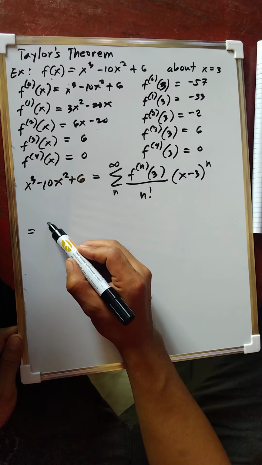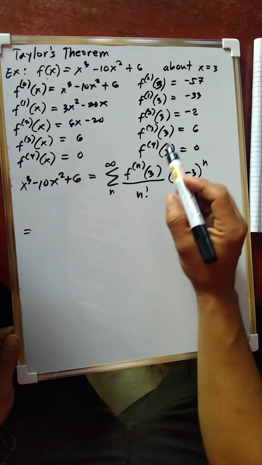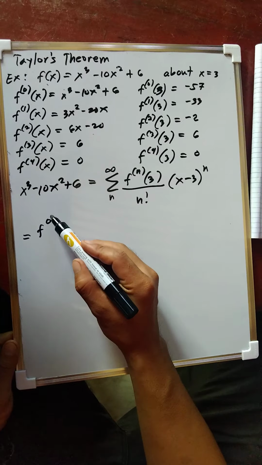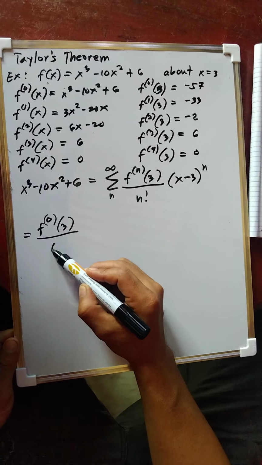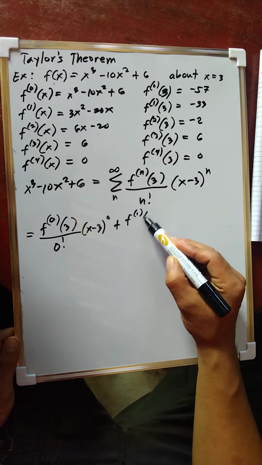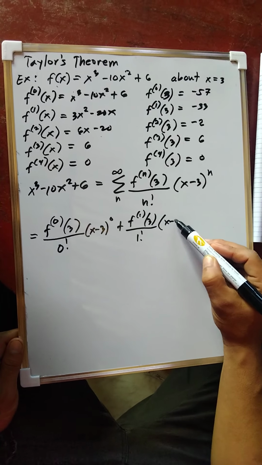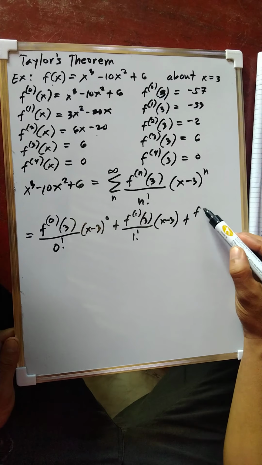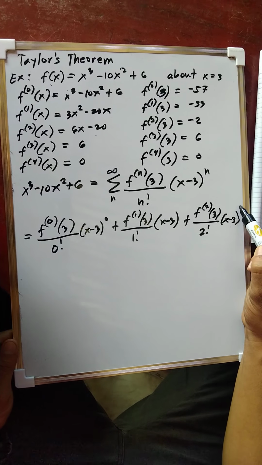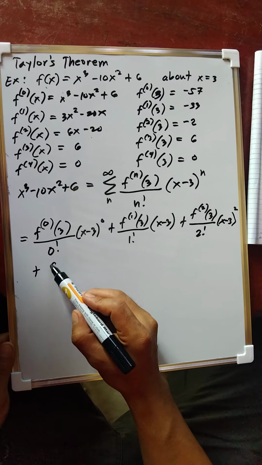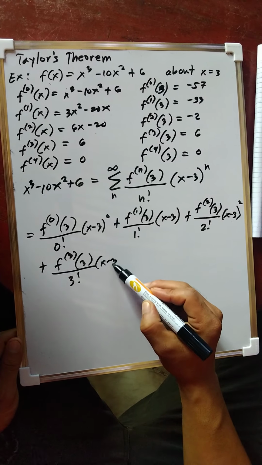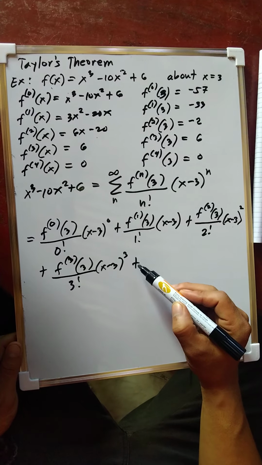So this is equal to f raised into 0 of 3 over 0 factorial, x minus 3 raised into 0, plus f raised into 1, or the first derivative, over 1 factorial, x minus 3 raised into 1, plus f raised into 2, or the second derivative, over 2 factorial, x minus 3 raised into 2, plus f raised into 3, or the third derivative, over 3 factorial, x minus 3 raised into 3, plus we have f raised into 4.